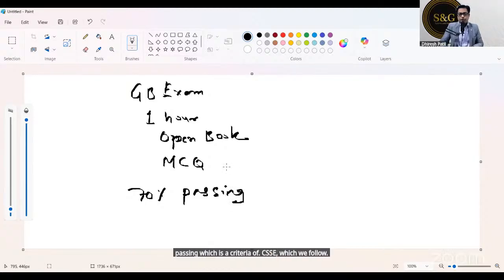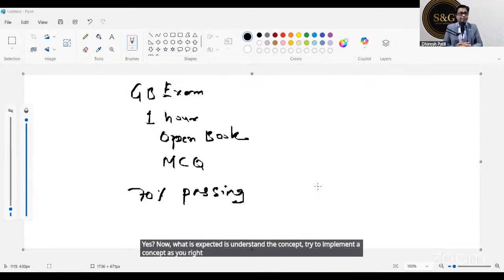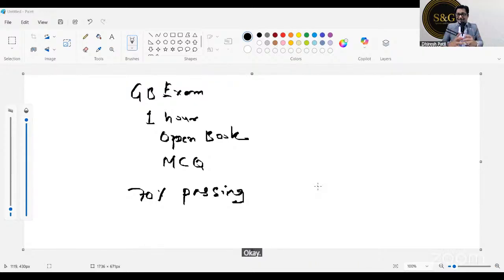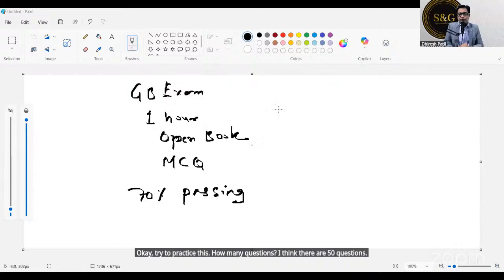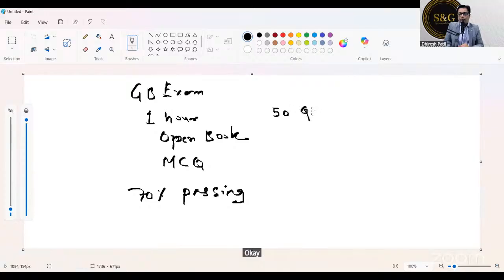Clear? What is expected is, understand the concept and try to implement it in your own process, as you rightly said, Sandeep ji. Try to practice this. How many questions? I think there are 50 questions. You have to give answers in 1 hour.